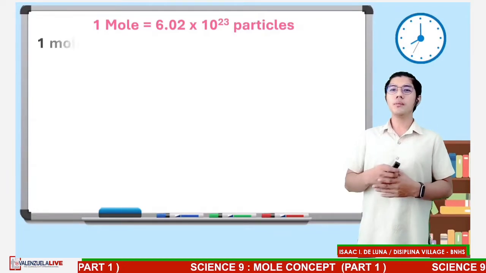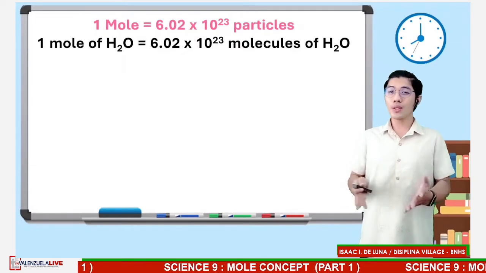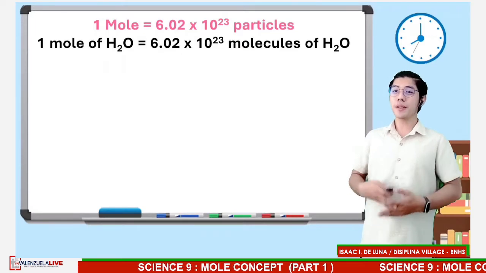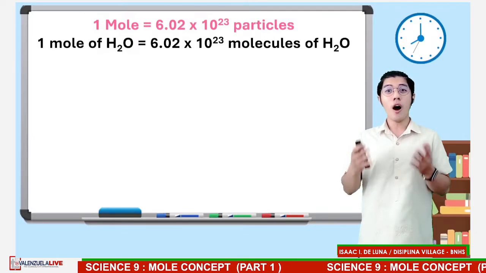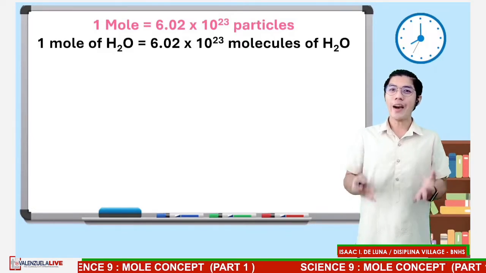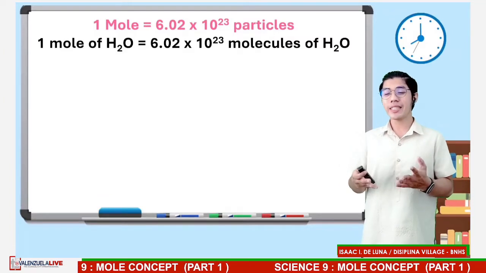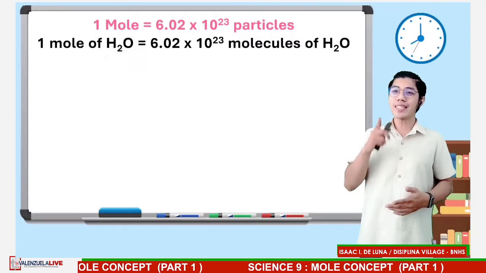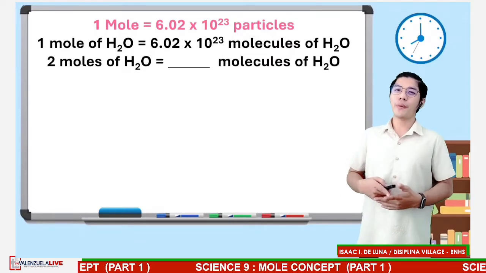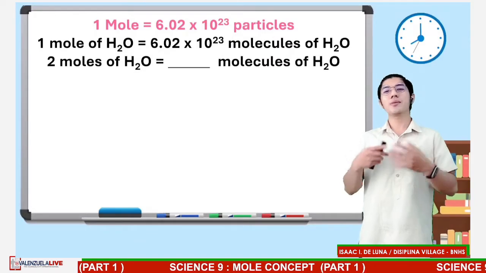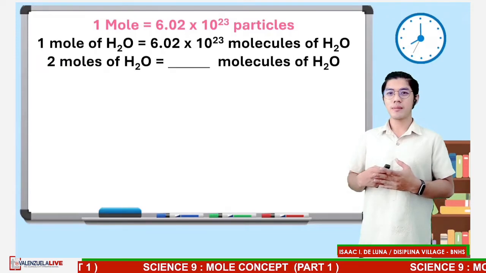So, 1 mole of water is also equivalent to 6.02 times 10 raised to the 23rd power molecules of water. Now, we are trying to calculate the number of molecules present in 2 moles of water. Let's start with this equation.